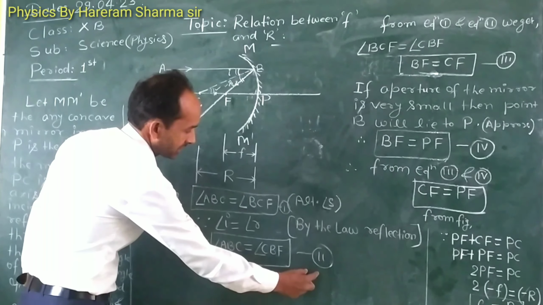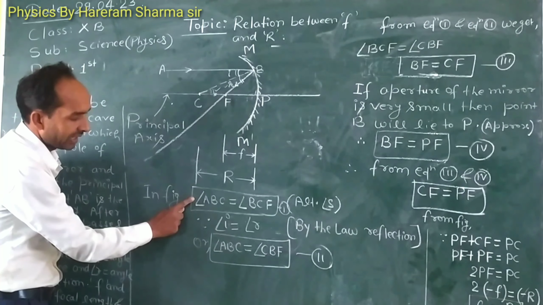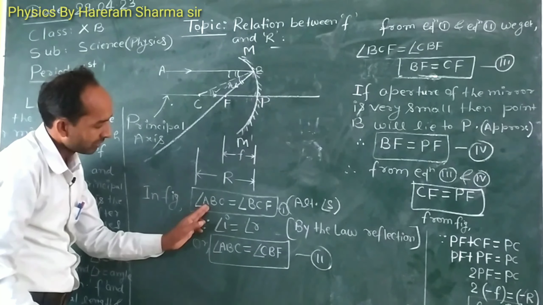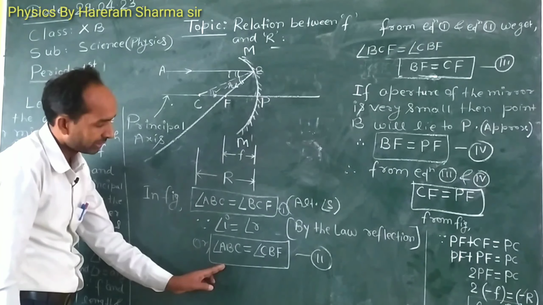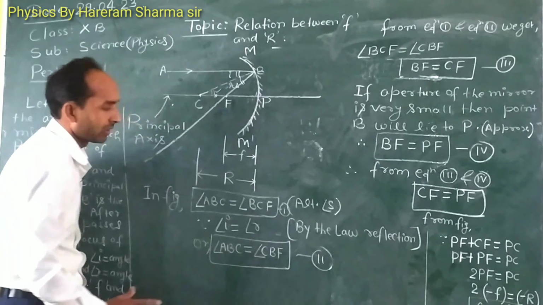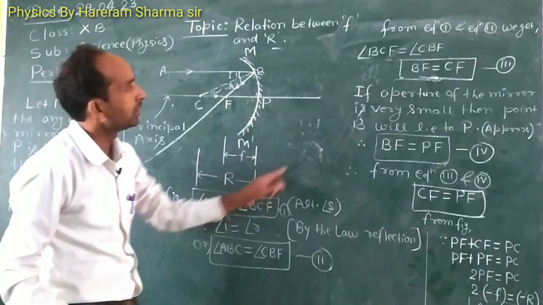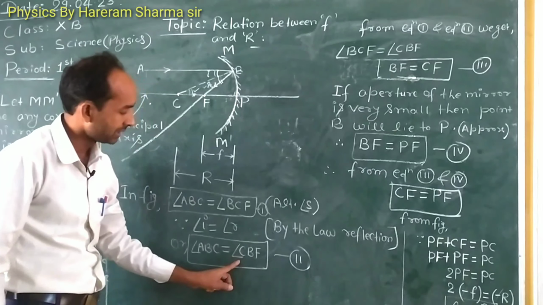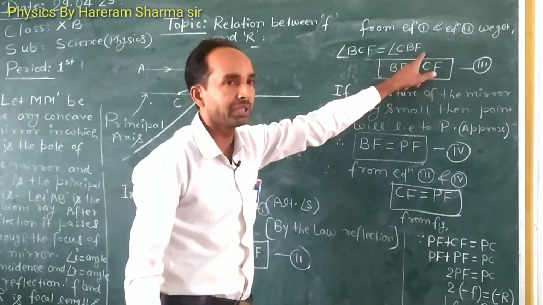From these two equations, we see that on the left side angle ABC is the same in both equations. Therefore, the right-hand side will also be equal. So angle BCF equals angle CBF.